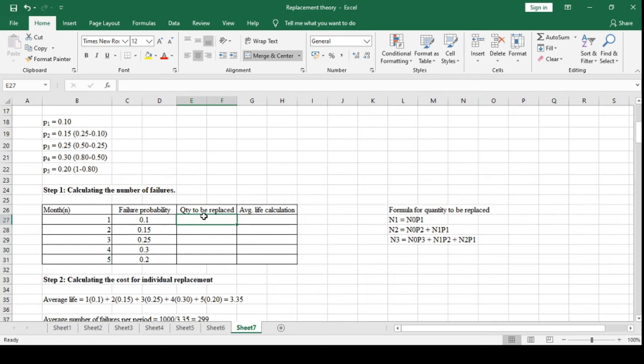So what is your n0? n0 is your total number of bulbs, that is 1000, multiplied by p1, that is 0.10. So your answer is 100.